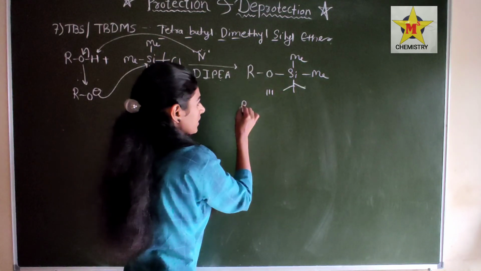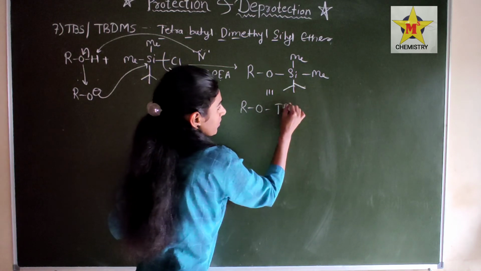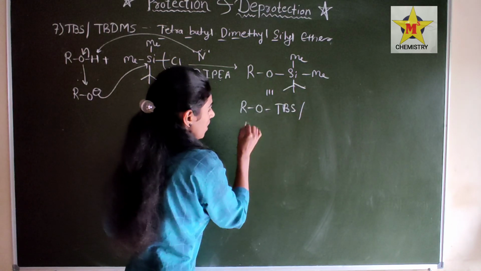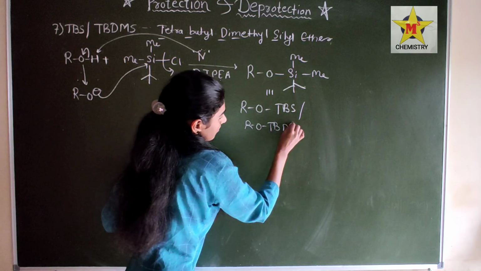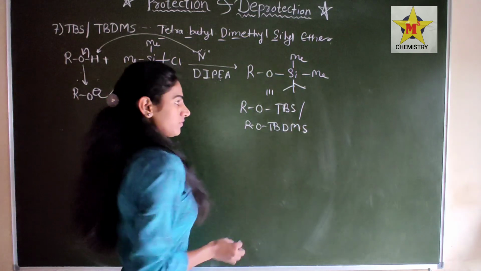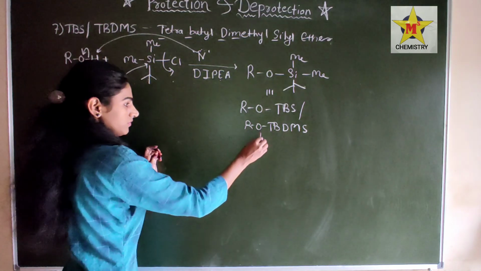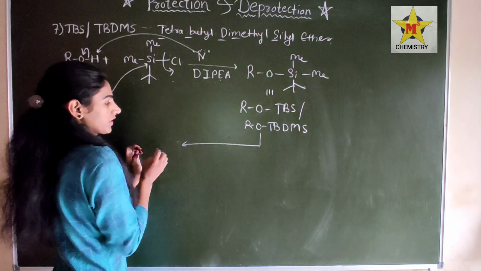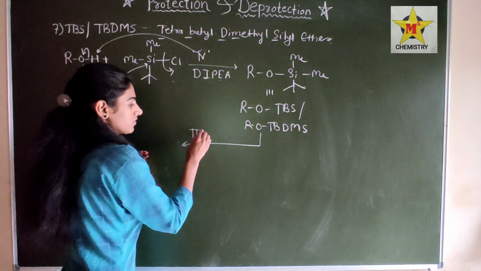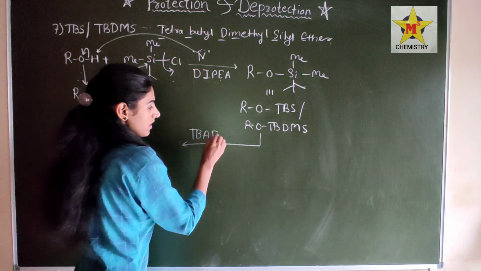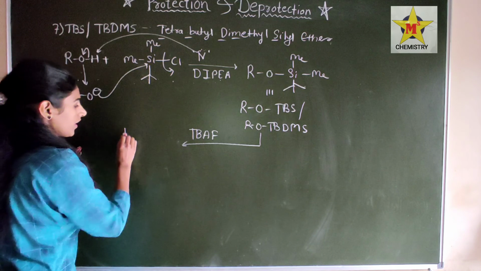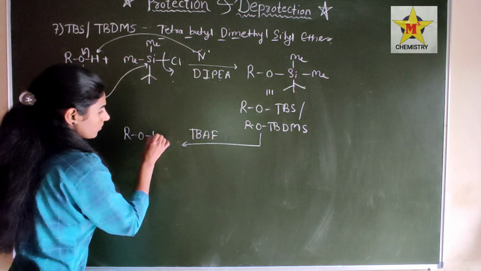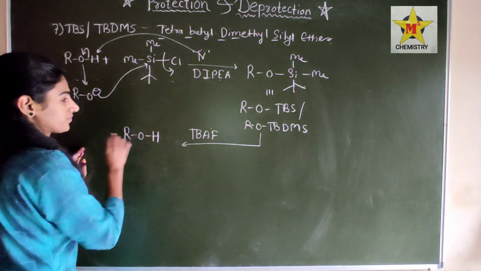We can write it like this: ROTBS or ROTBDMS. For deprotecting this we can use TBAF, that is a fluoride salt, and we get the alcohol functional group back.